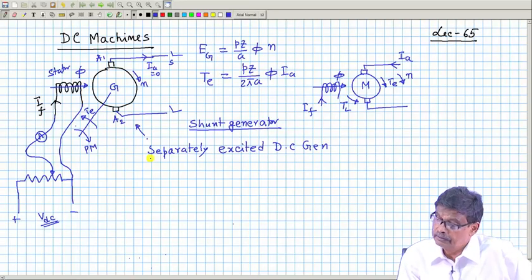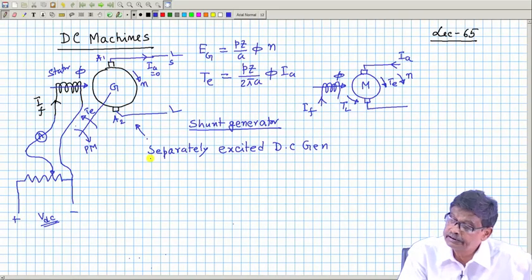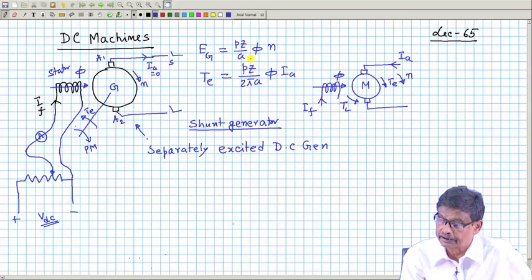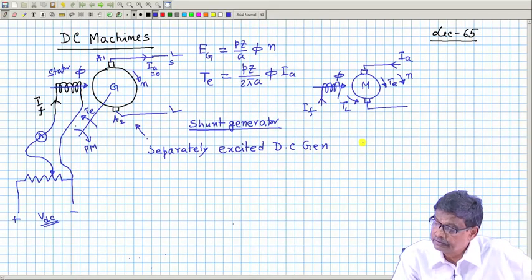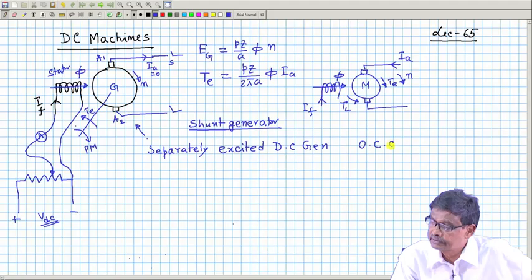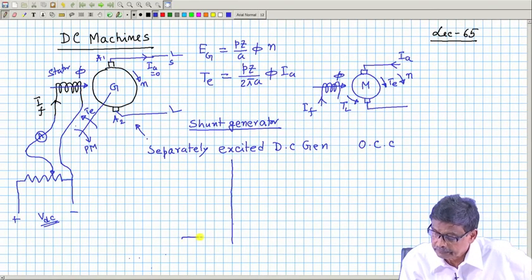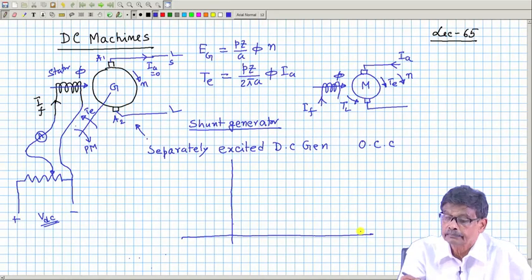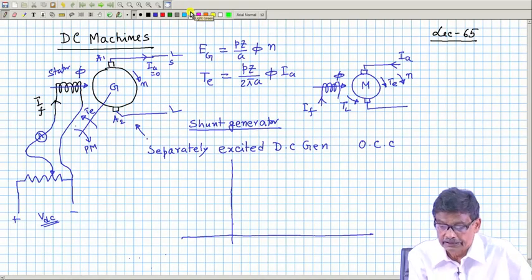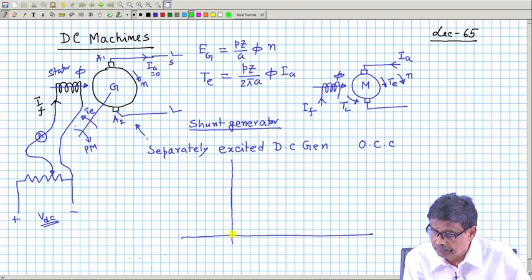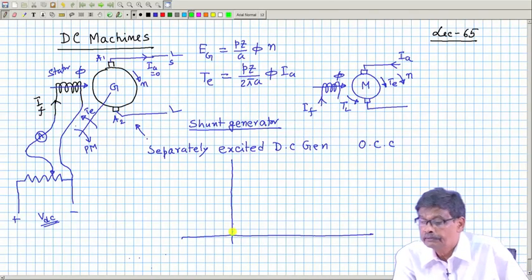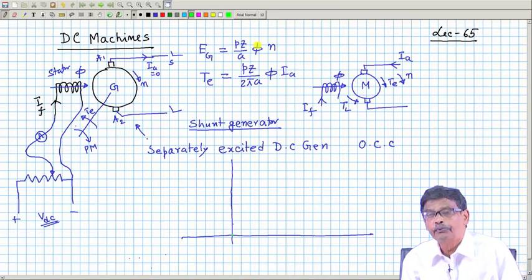The characteristic of this generated EMF versus field current is called the OCC, or open circuit characteristics. If I do that, the characteristics will look like this: if the field current is 0, the induced voltage will be 0. Phi is generally proportional to IF.